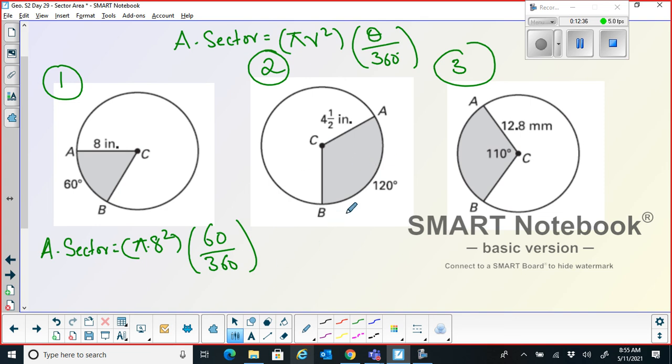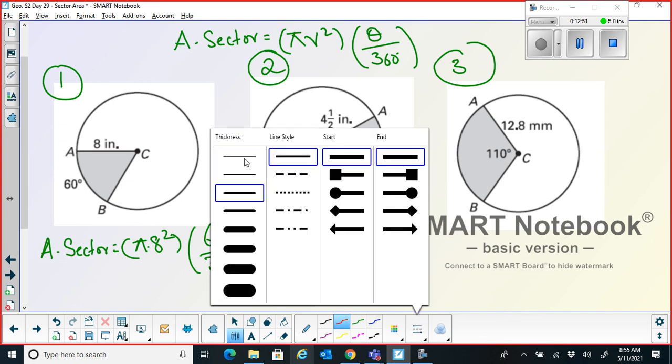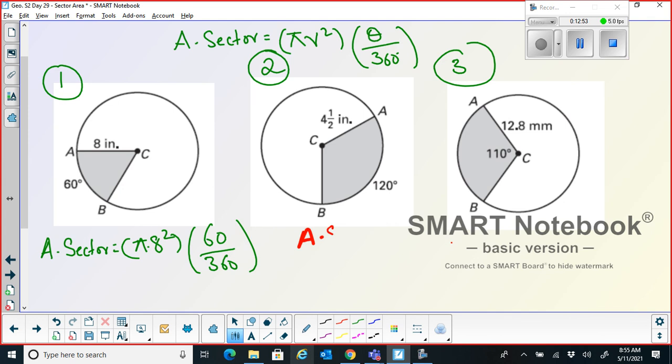Same way, for this one the area of sector corresponding to the arc which makes 120 degrees is area of sector equals pi r square.